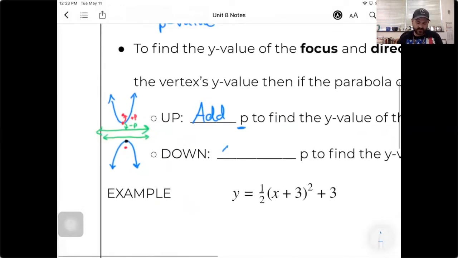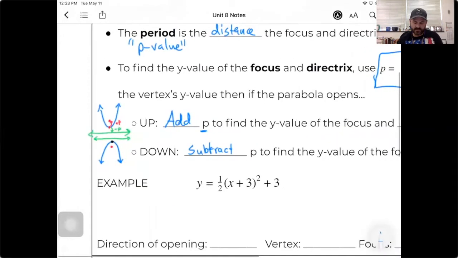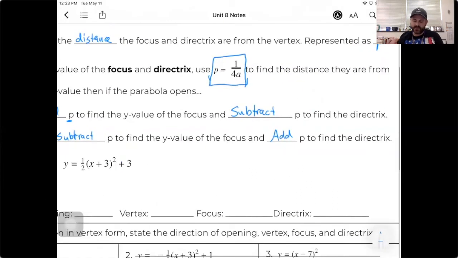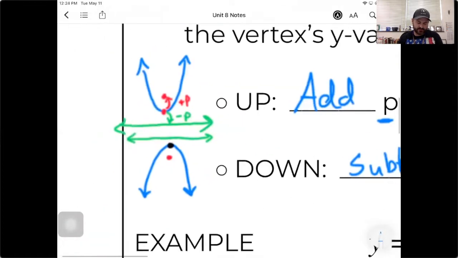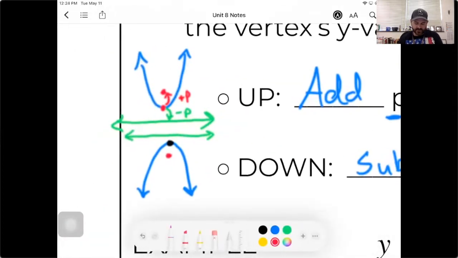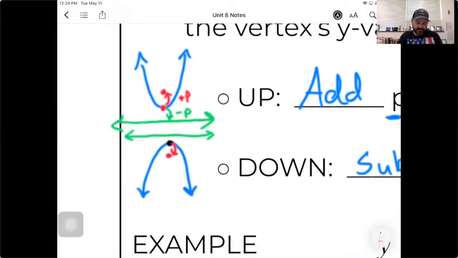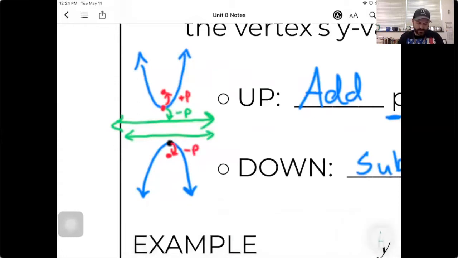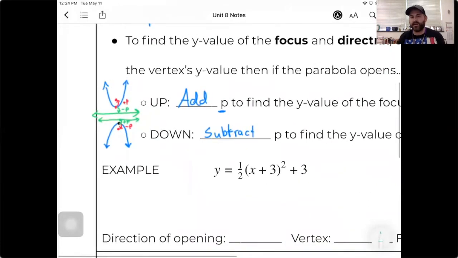We're going to subtract the p value to find the y value of the focus, and then we're going to add the p value to find the directrix. That makes sense if you look at the picture. To find our focus point, we have to go down in the y value, so that's going to be minus p. And to go back up outside of the parabola, we're going to add p. But like I said, the positive or negative values of a really help us out with this, and it'll make more sense when we look at an example.